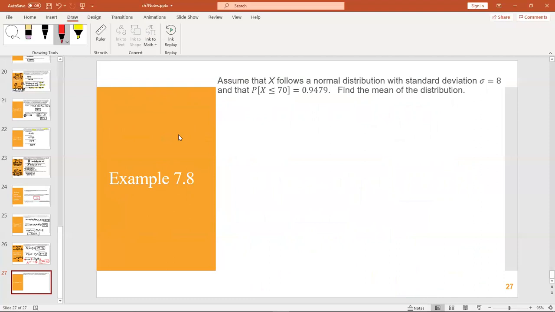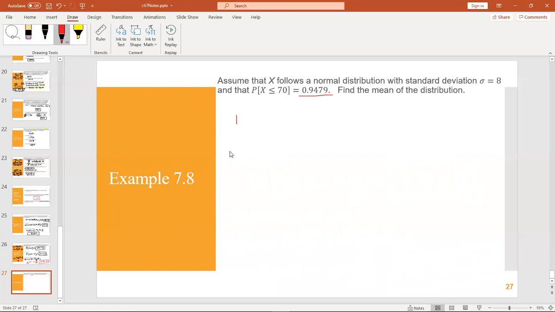Assume that x follows a normal distribution with standard deviation of 8, and that probability that x is less than or equal to 70 is 0.9479. Find the mean. Okay, so basically what we're going to do, this is the probability right here.